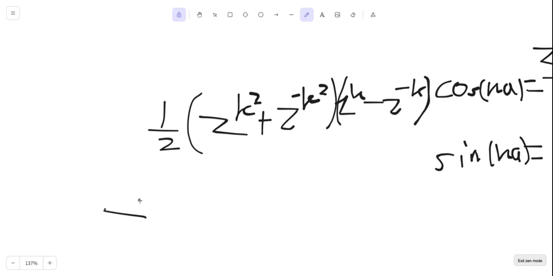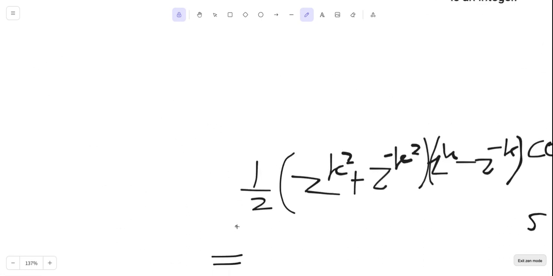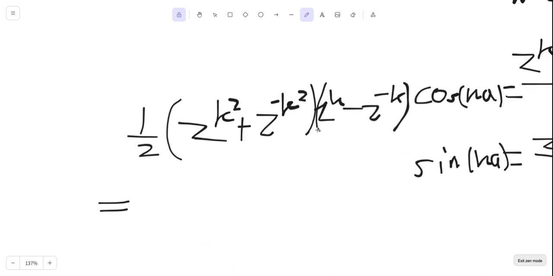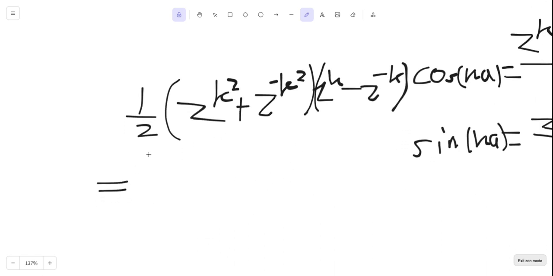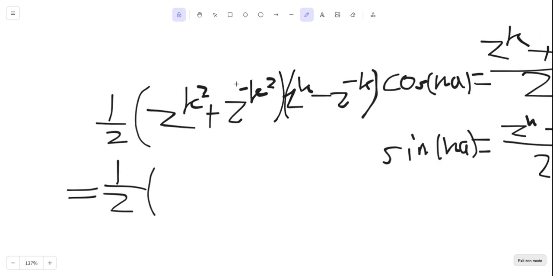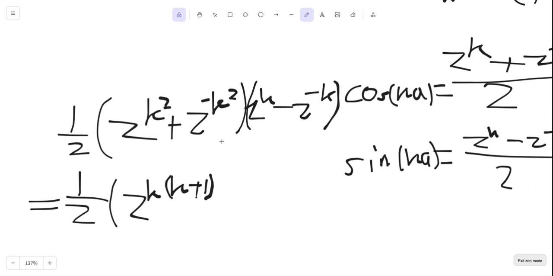Equals the sum of this, by the way, every individual term. If we multiply this out, z to the k squared plus k. I'm gonna factor it like last time. Okay, like this, and then like this.